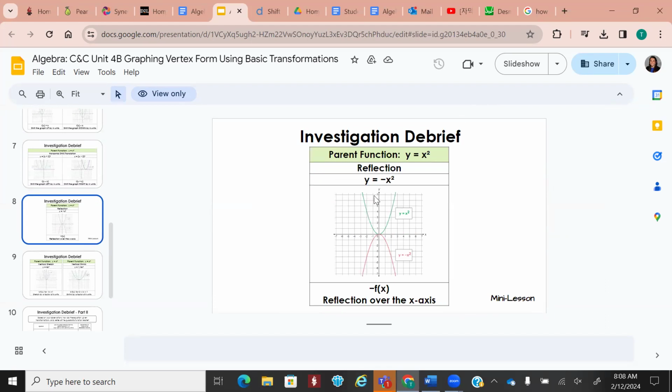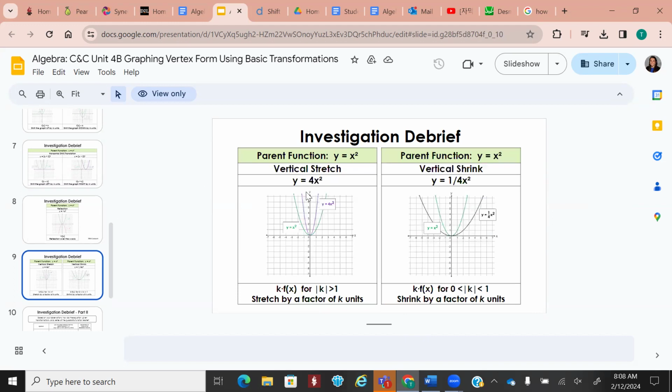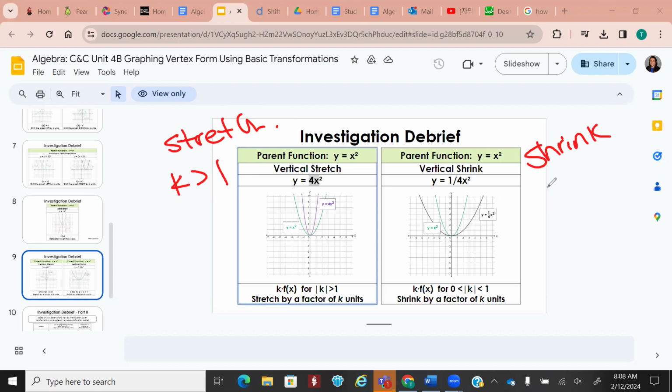Here's that negative. Negative reflects over the x-axis. Again, putting a negative out in front of that f of x. Okay, a stretch is a number bigger than 1. I would be writing this down. Stretch is a number bigger than 1. A shrink is a number less than 1.